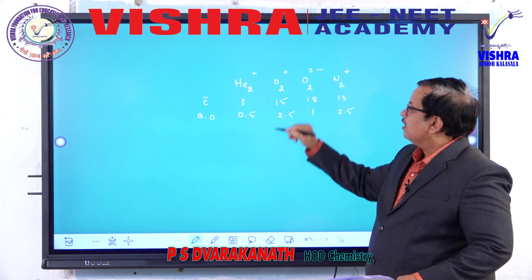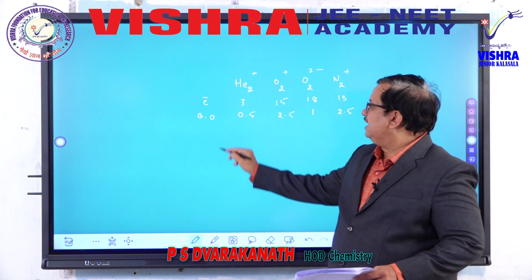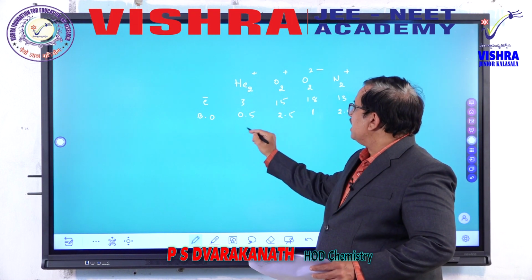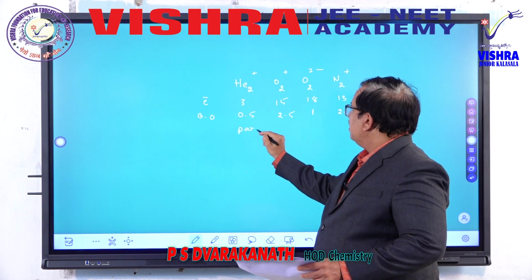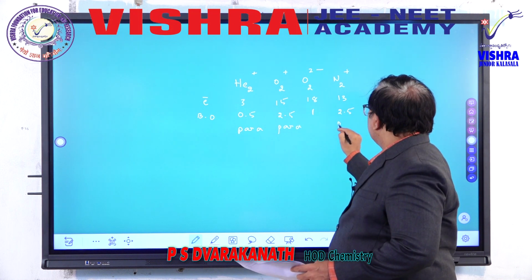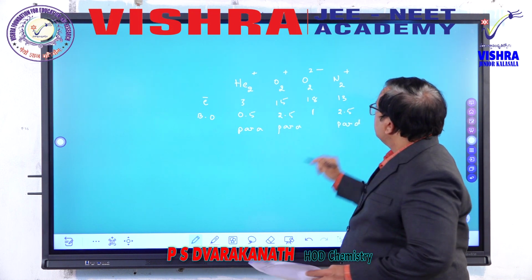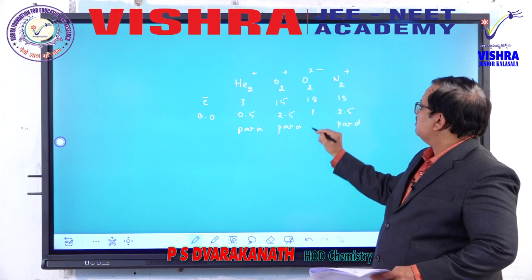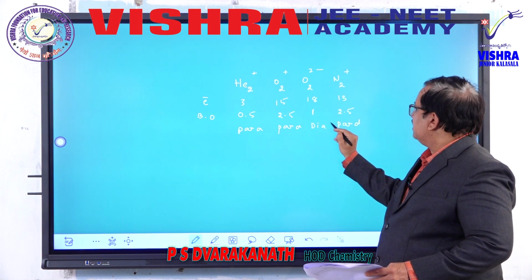Now, what is the magnetic nature? Regarding the magnetic nature, all these odd number electron species are paramagnetic in nature, but O2 2 minus is the only one which is diamagnetic.